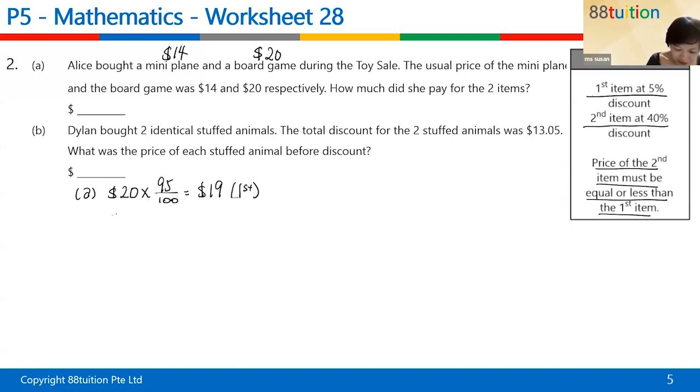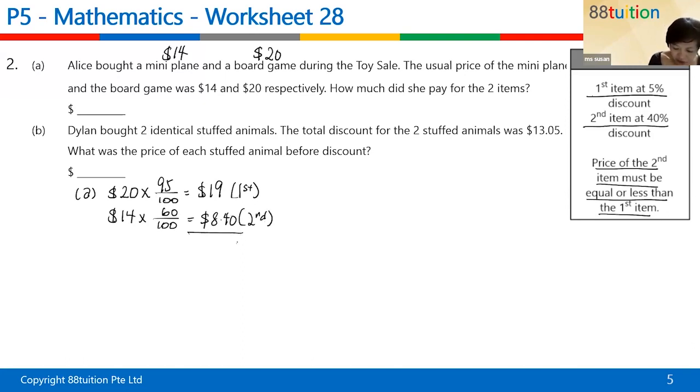The second item will be $14. This $14 is entitled to 40% discount, but you are going to pay 60%, right? So times 0.6, you get $8.40. And this is for the second item.